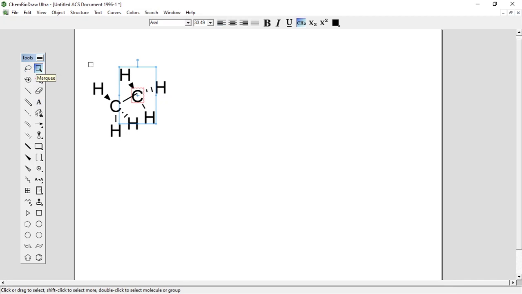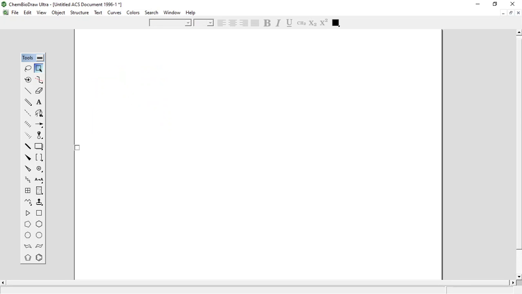Now we'll interconvert this solid and dash formula to Newman, Newman to Sawhorse, and Sawhorse to Fischer.